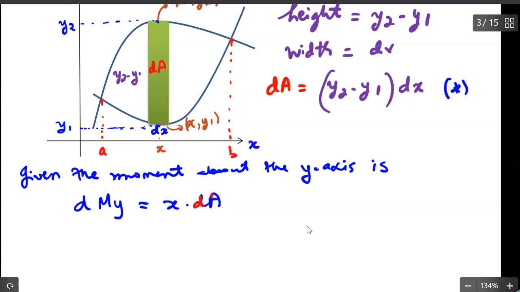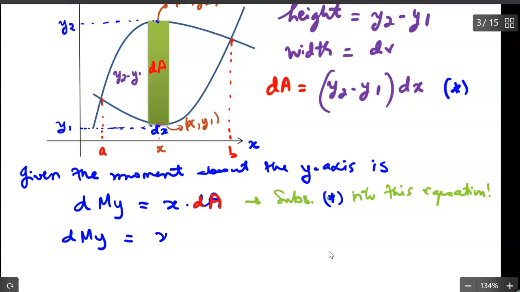Let me put dA in red. I will substitute what dA is equal to into this equation. Make a note that I'm going to substitute the equation star into this equation. If I substitute into this equation, it becomes dMy equal to x times (y2 minus y1) dx.